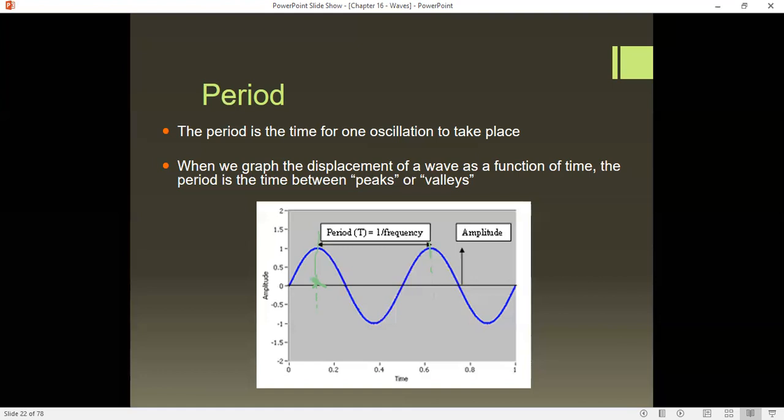So here we can see from peak to peak, it takes about 0.45 seconds, or the distance from valley to valley.